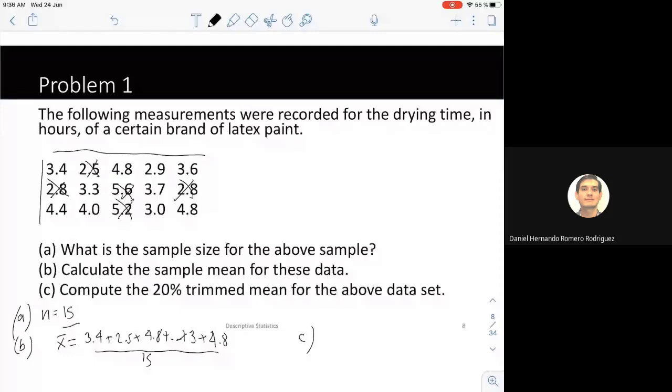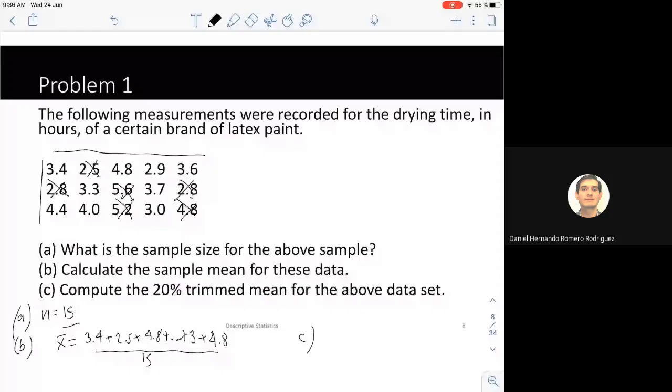The next largest value is 4.8. So you remove only 3. Even though there's another 4.8, you don't have to remove it because we already have 3 observations. We cannot just keep removing since we already defined that we're going to remove only 20% of the observations below and above.